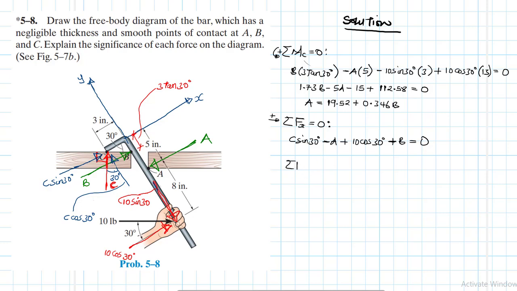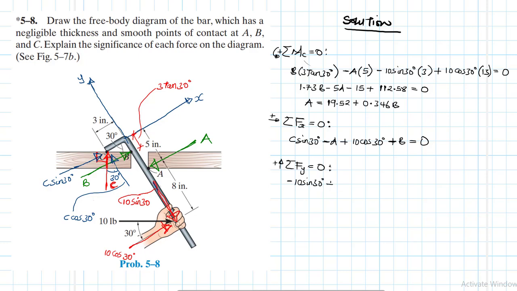Then we have summation of forces in the Y. What we have in the Y direction, what we have in the Y. Okay, in the Y we have a minus 10 sine 30, which is a 5. What else?